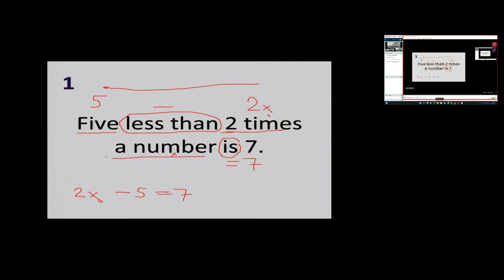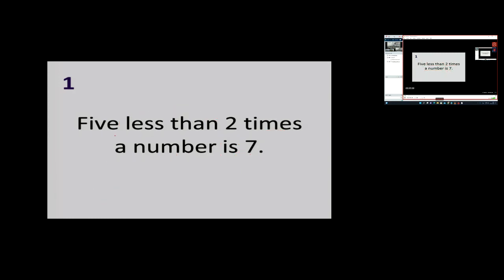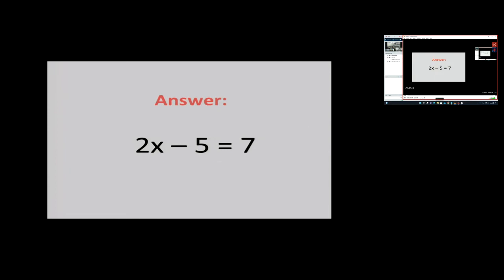Again, we're dealing with less than, so the direction is different. But then again, you just need to know the vocabularies for you to be able to translate it into symbol. So when we talk about 5 less than 2 times a number is 7, that would be 2x minus 5 is equal to 7.